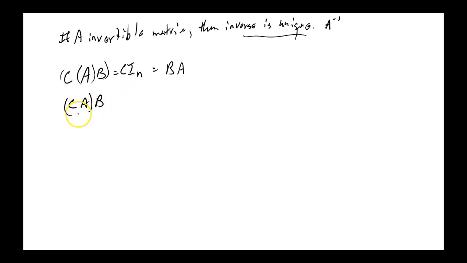And this, I wish I hadn't erased it now, is I sub n times B, which would have to equal C times I sub n, which would be C. But I sub n times B is just B, so B is equal to C. Hey, they're not different matrices, they're the same matrix.